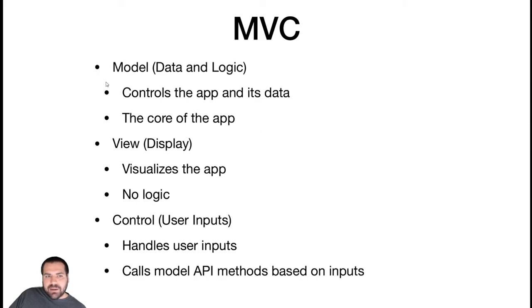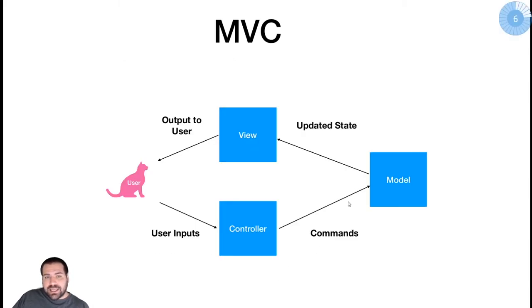So we don't want our model to have to care that there was a mouse click or a key press. The model is just going to expose its functionality through an API, and then it's the controller's job to figure out, okay, the user did this, that means I should call this API method. And it's kind of that liaison.